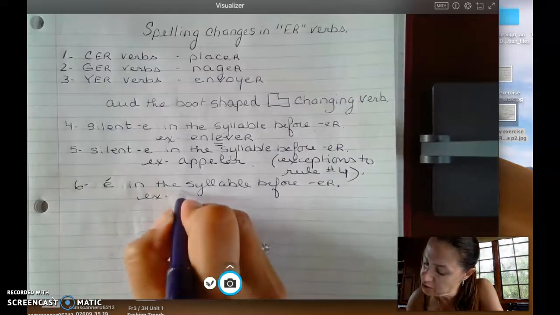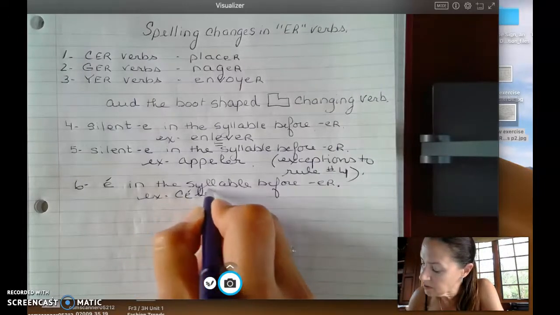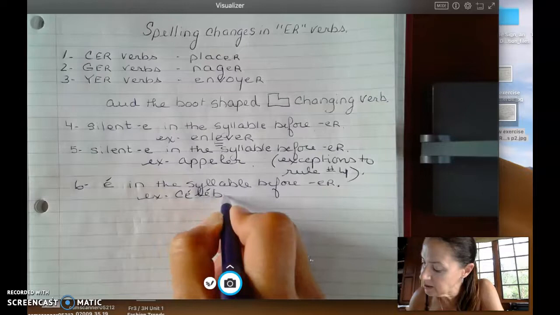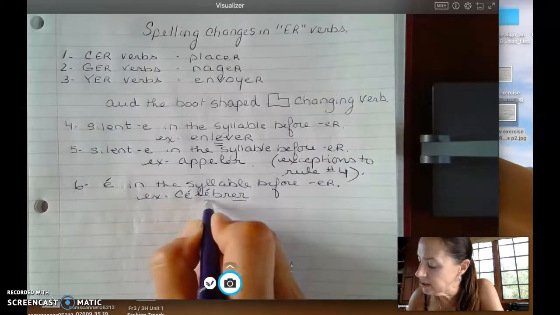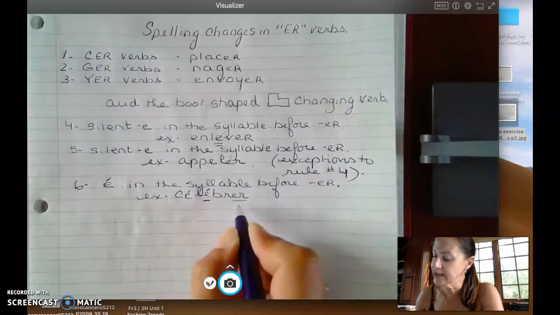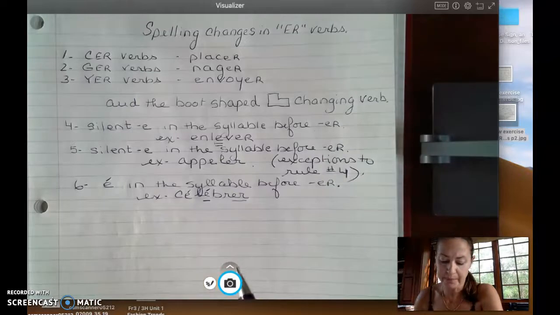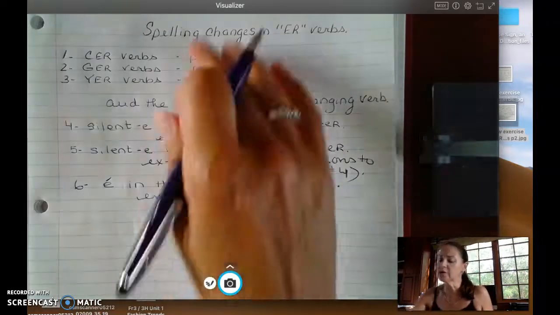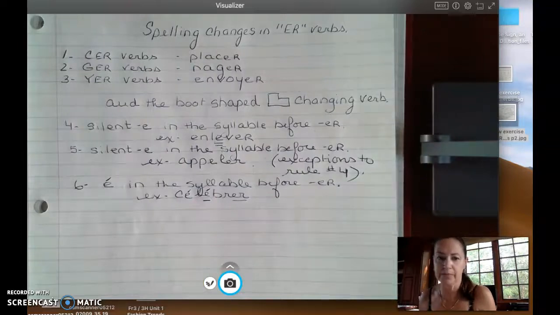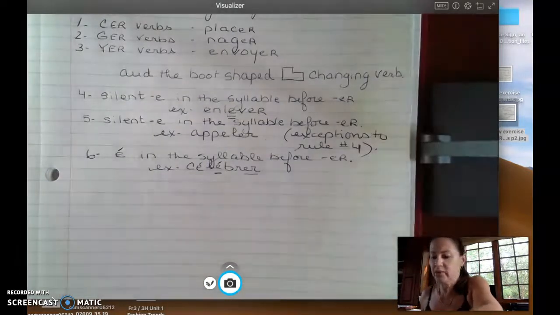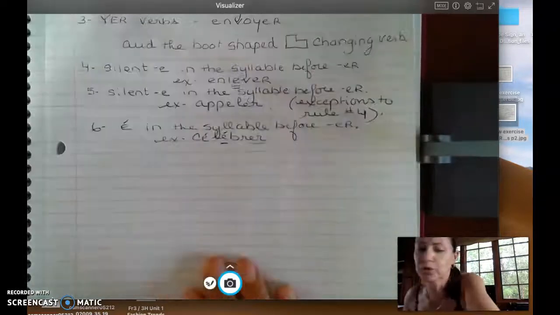I'm going to use the verb célébrer. Here's your ER, here's the syllable before the ending, and it has an E accent aigu. So those are our 6 categories that we're going to go into detail about. Let's get started right now with our CER, Madame Dorman's rule number 1.